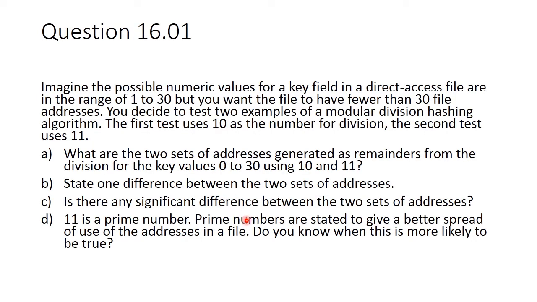What about the B, C, and D questions? Is there a significant difference? State one difference between the two sets of addresses. And of course, the last one is the more difficult one, which is using 11 as the prime number.